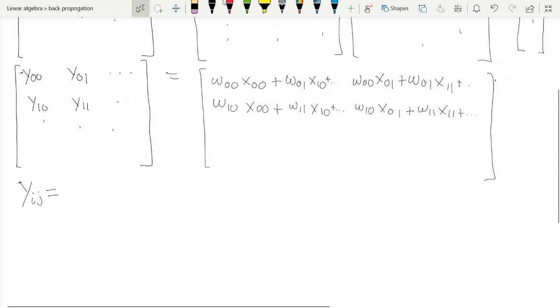say now if we consider Y 0 1, then that's this. As you can see, this is incrementing and this is incrementing, and these remain fixed.